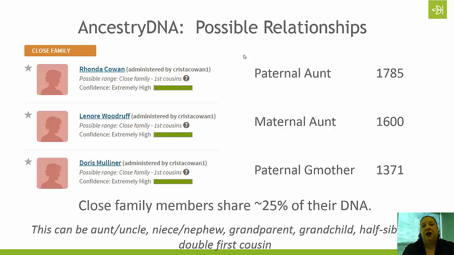Double first cousins are where a brother and a sister from one family marry a brother and a sister from another family, and then there are children involved, and those children, because their parents are full siblings, look more like half siblings than they do like first cousins. But the name for that is double first cousin. So these are the people that you share about 25% of your DNA with.